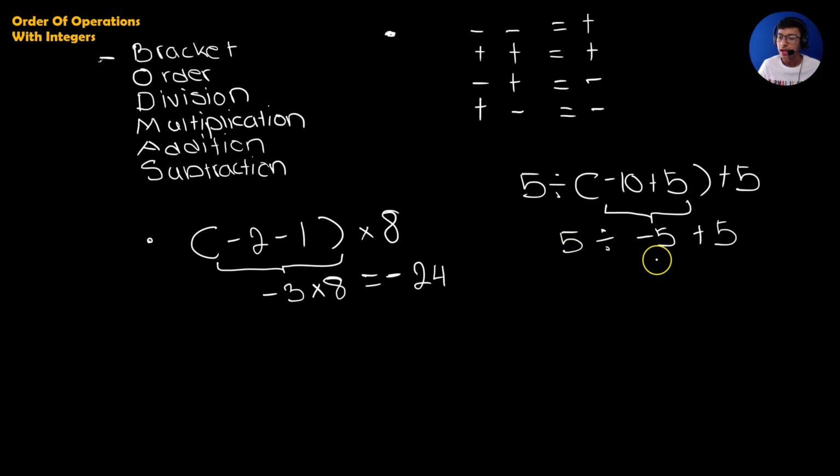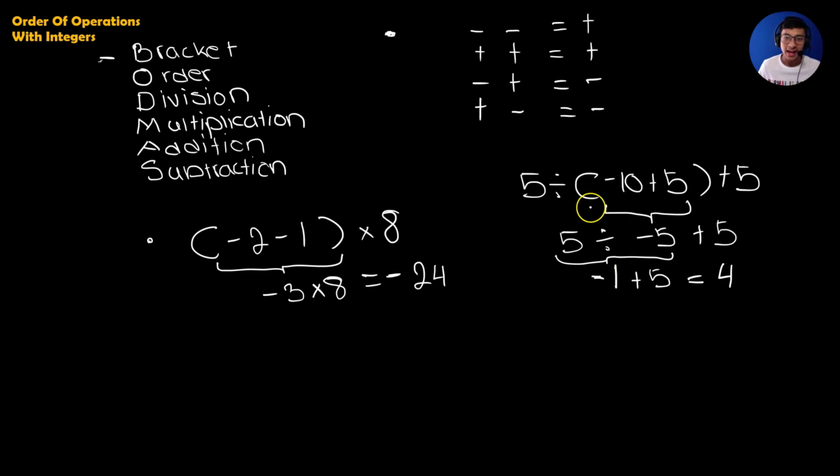And 5 divided by 5 is 1, so it's -1. Then we bring the 5 down, plus 5. So -1 plus 5 equals +4, and that's our answer.